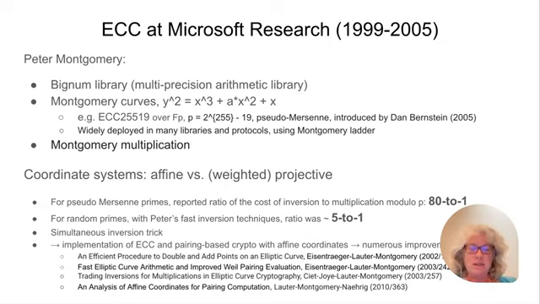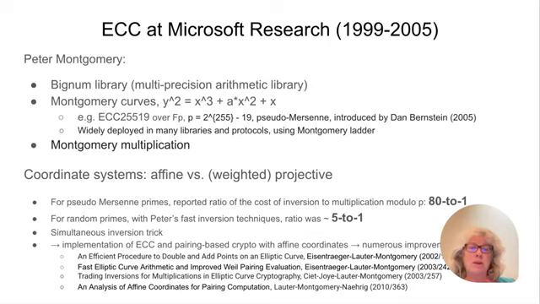Curves of this form, one example of those is ECC 25519, which was introduced by Dan Bernstein in 2005. That curve is defined over a finite field F_p, where p is 2 to the 255 minus 19. It's a pseudo-Mersenne prime, thus the name ECC 25519. And it's been widely deployed in many libraries and protocols using the Montgomery ladder. And Peter's also well known for efficient Montgomery multiplication.